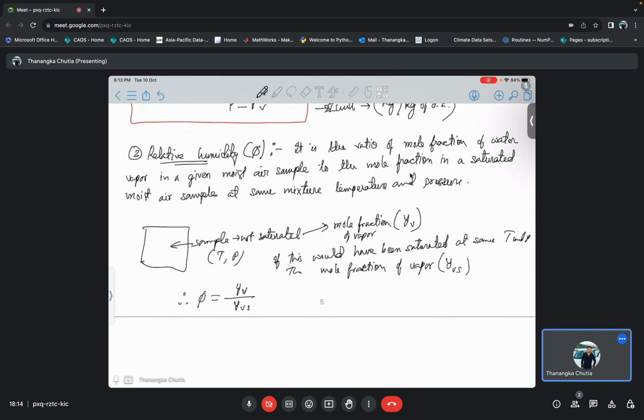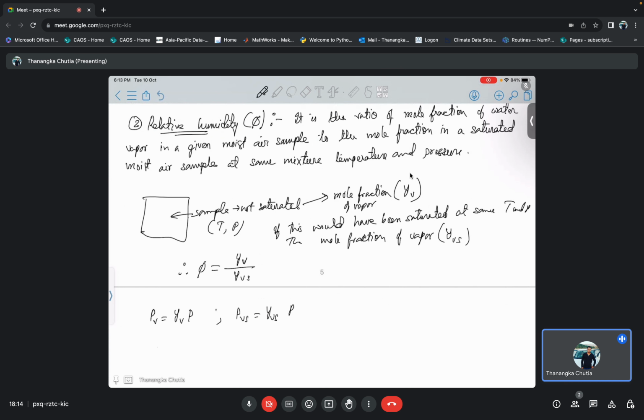Now we know that in a question mostly those properties are given which are easy to measure. Mole fraction is not very easy to measure, so in a question you will mostly be provided with pressure values. That's why we use the relation between mole fraction and pressure: pv is equal to yv times total pressure P, and pvs is nothing but yvs times total pressure P. Therefore my phi now becomes pv upon pvs.